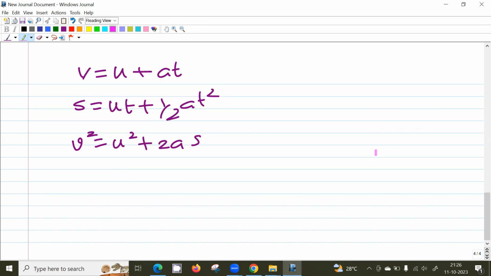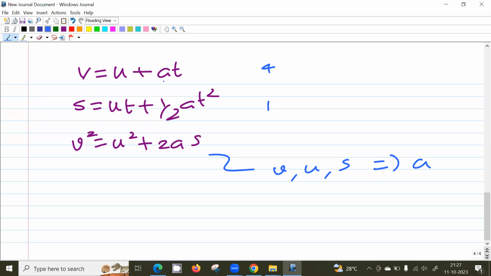So, equations of motion. The variables are v, u, a, t, so four variables are from here, and the fifth one is s. So there are five variables. If four are given, I can find the fifth one. In the problem, if v is known, u is known, and s is known, I can find a using the last equation, because the only unknown is a.